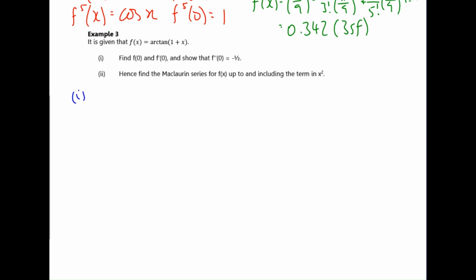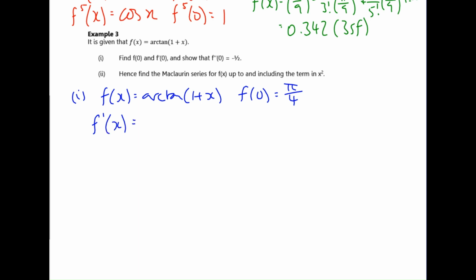So first off, it asks us for f of 0. So f of x is arctan of 1 plus x. So f of 0 is arctan 1, which is pi over 4. F dashed x, the result for differentiating arctan is on your formula sheet, so you can just quote that.